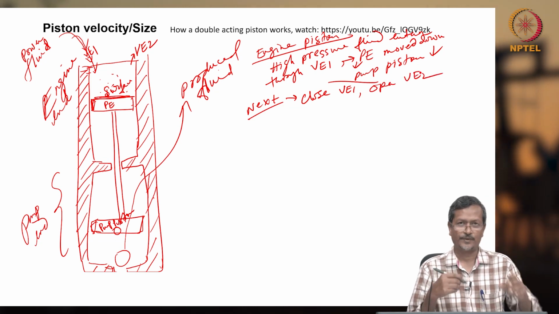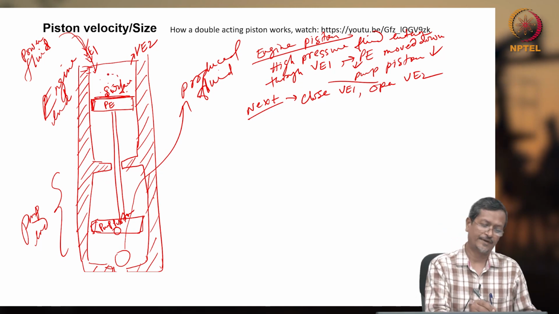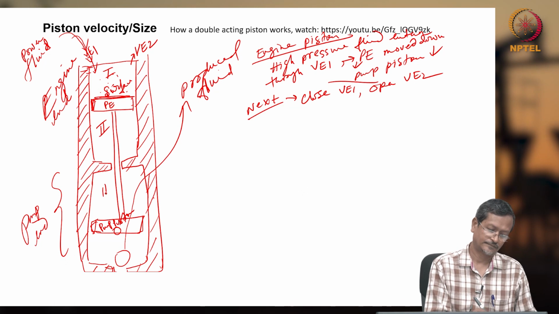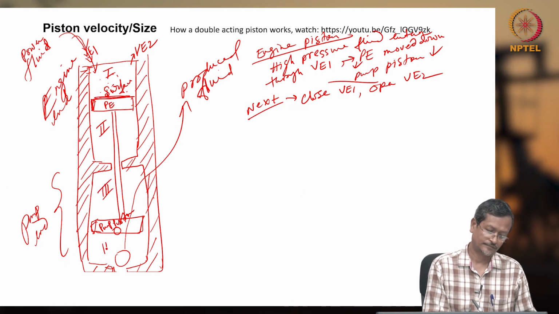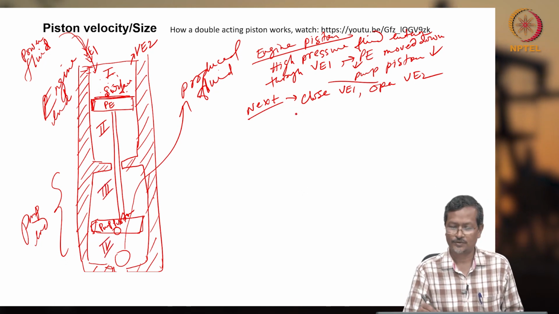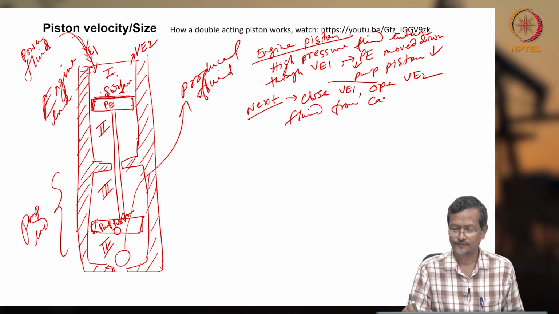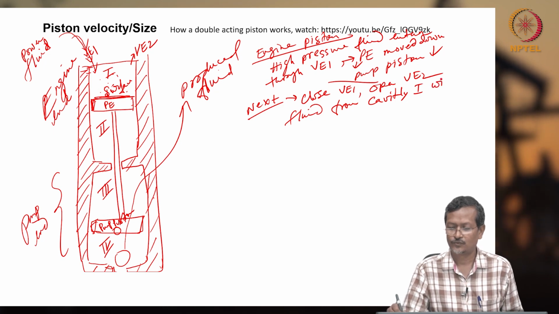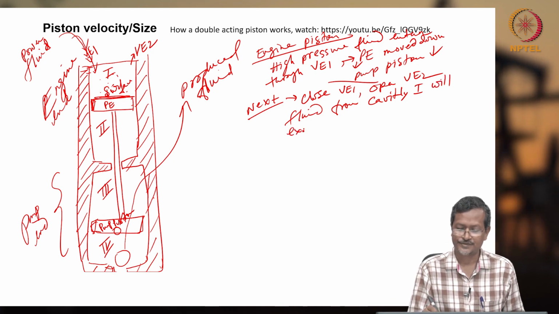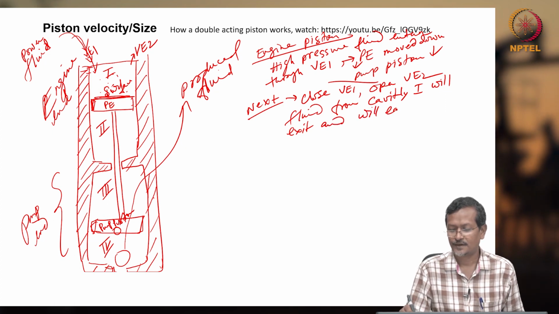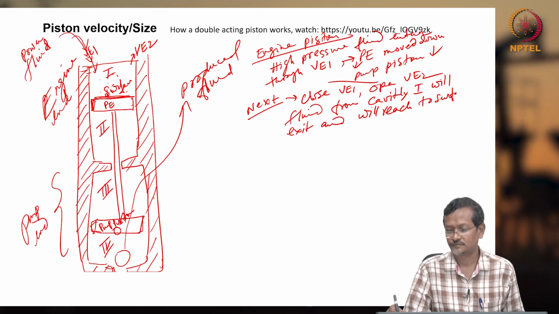Okay, so whatever high pressure fluid was there in cavity 1, so fluid from cavity 1 will exit and will reach the surface.